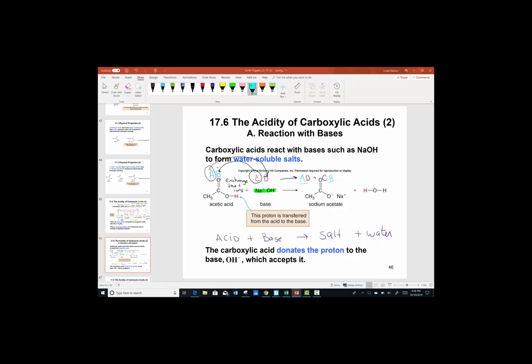So highlight that in this way. Here's the carboxylic acid positive ion part, the COO, and then the H. And this, I'm going to erase that.